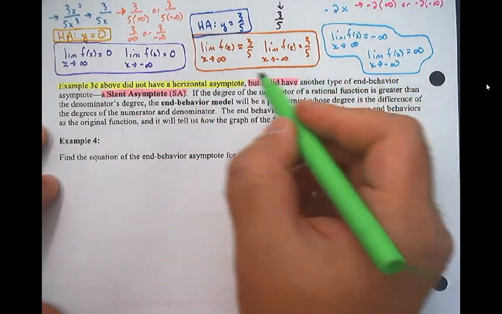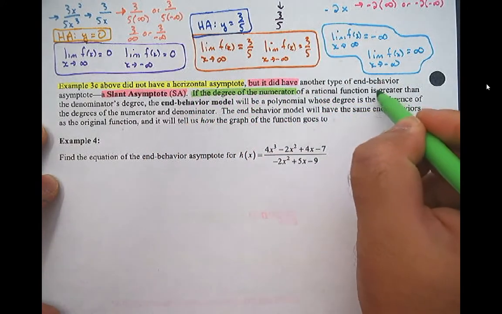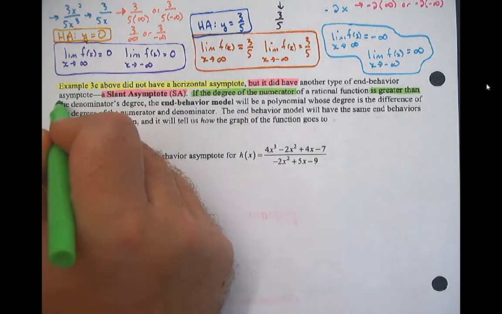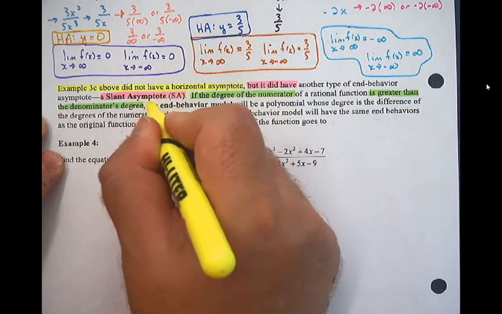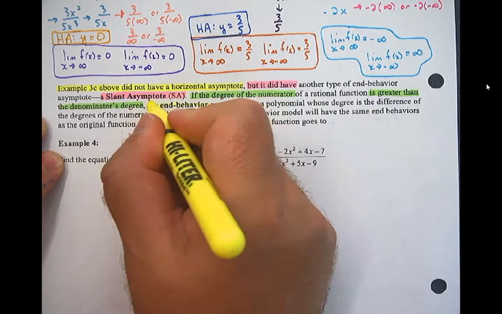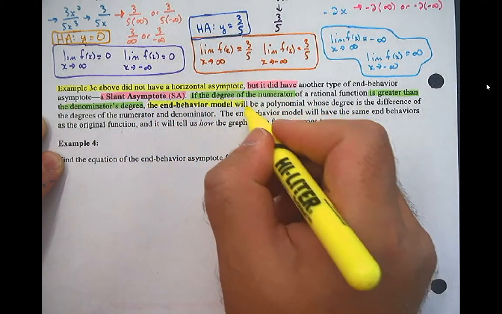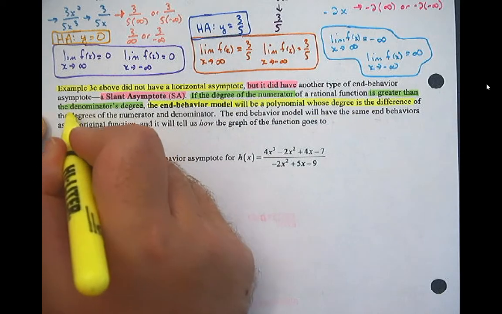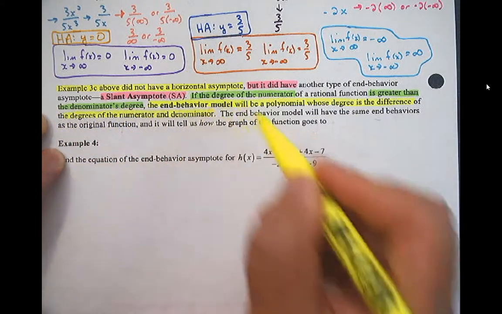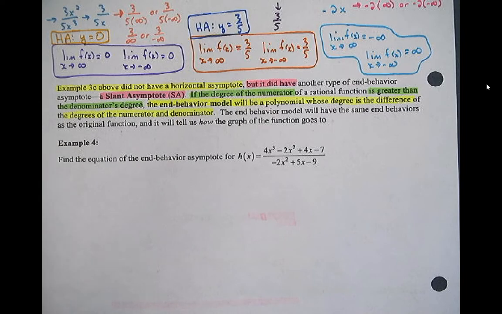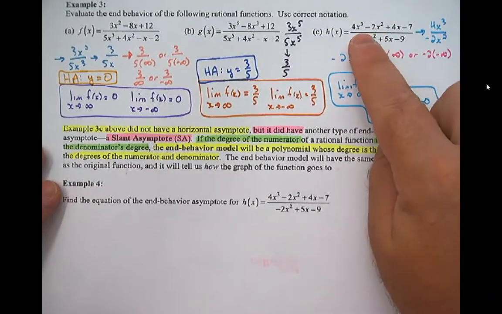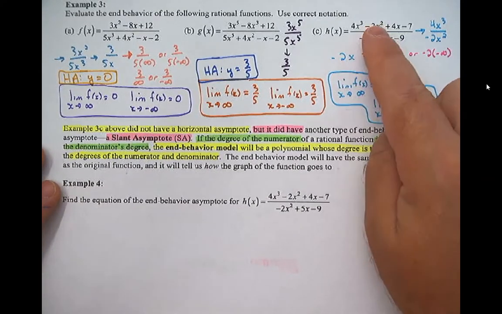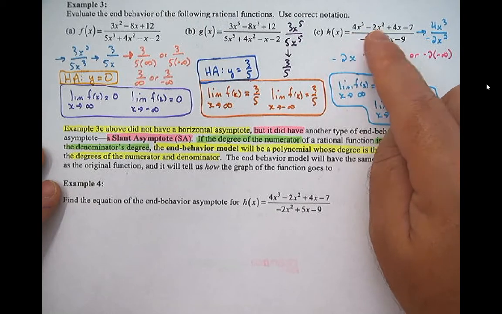If the degree of the numerator is greater than the degree of the denominator, then the end behavior model will be a polynomial whose degree is the difference of the degrees of the numerator and denominator. So what I mean by that, or what Corpy means, is up here, 3 take away 2 is 1, x to the first. These two things are going to behave similarly.